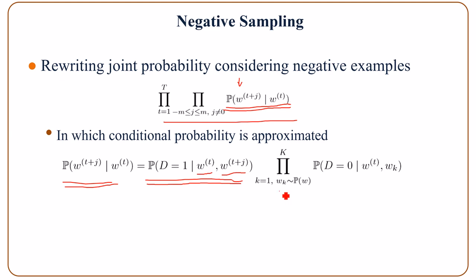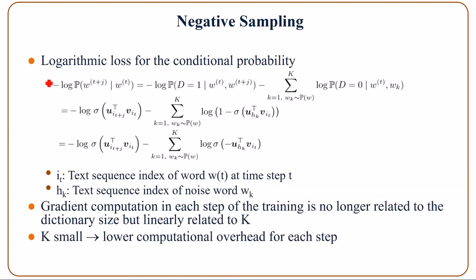The product after it is for the negative examples, in which we consider the probability of the context word WK not appearing in the context window of the central target word WT. Now taking the log of both sides, we get this. The product becomes the sum.